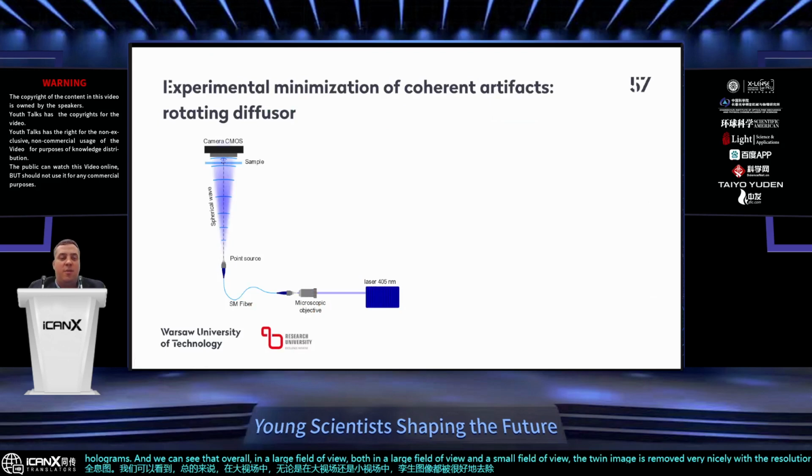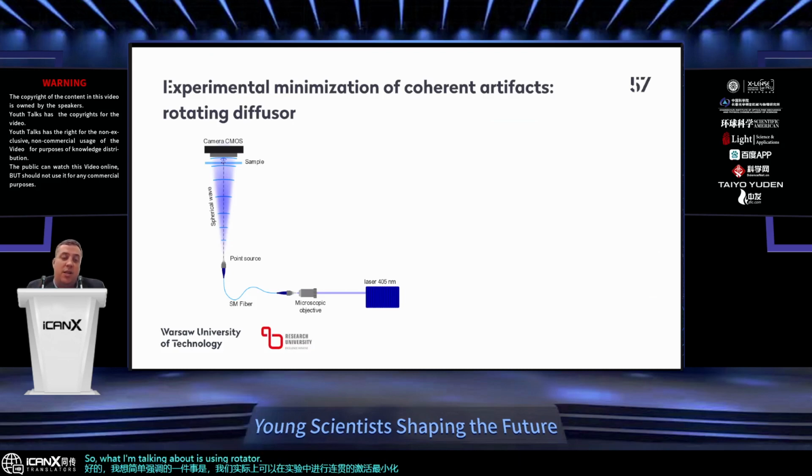Okay, one more thing I would like to highlight very briefly is that we can actually play around with coherent artifact minimization also by experimental means. What I'm talking about is using a rotating diffuser to limit partial coherence, spatial coherence. We are not affecting the temporal coherence, but we are talking about spatial coherence.